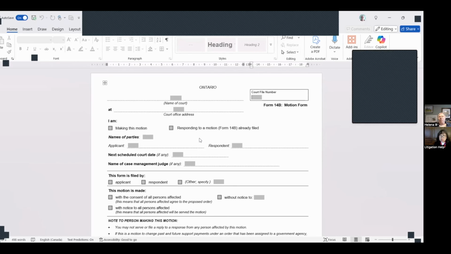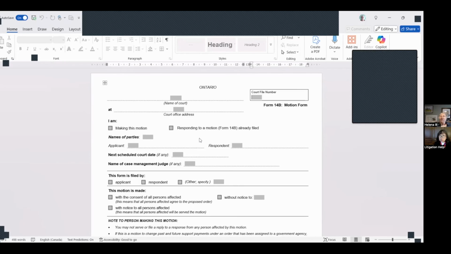The final order is a lot more formal in language, and it includes stuff that might not have been in the judge's endorsement because it automatically gets added into an order when the order itself is made. But it's the order itself that gets issued and entered, and it is always based on the judge's endorsement.